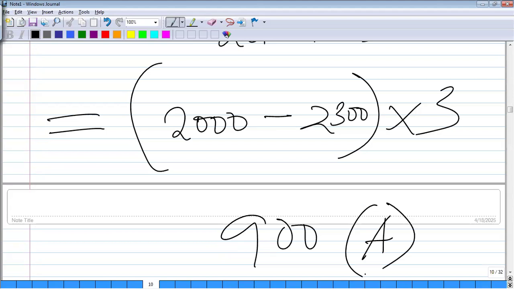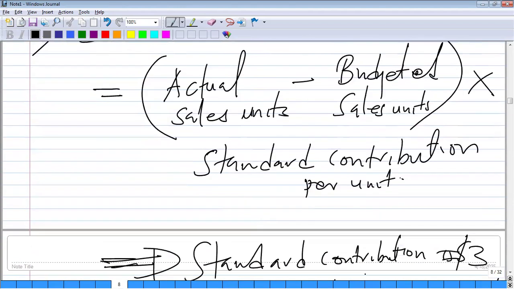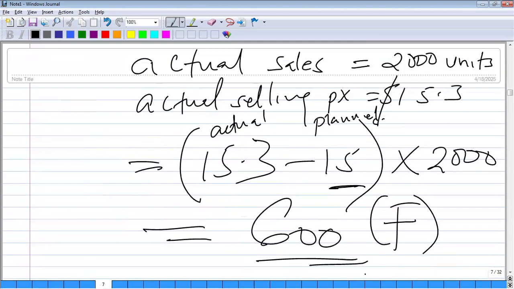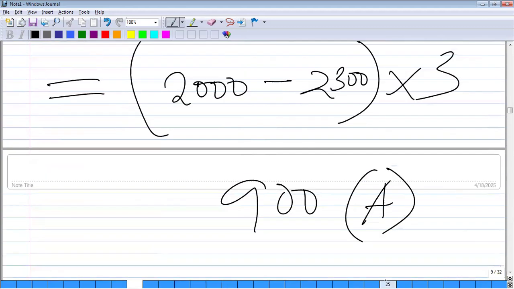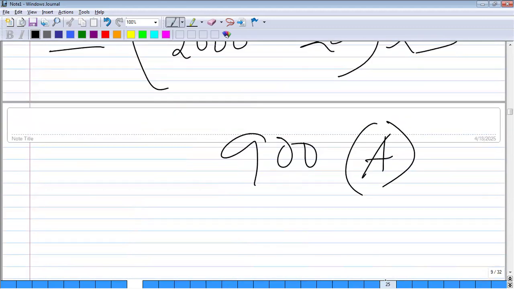Okay. So you need to note that the sales price variance is adjusted on sales. Then the sales volume variance is adjusted on either contribution or profit.